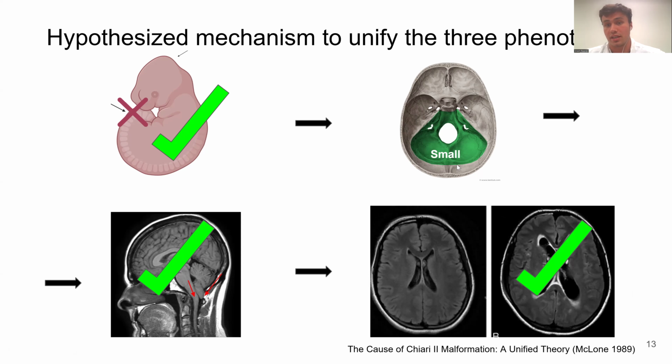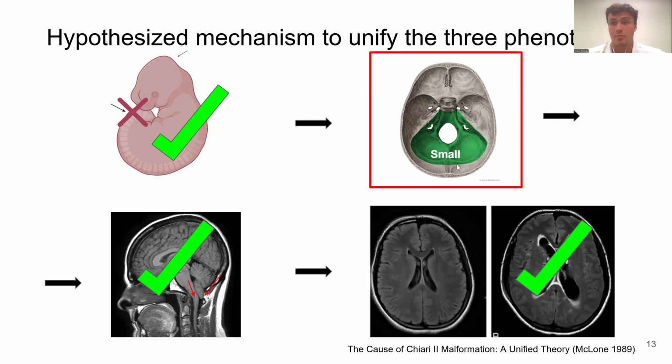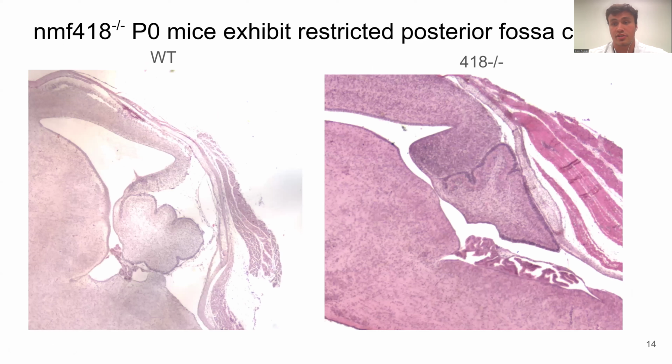So I decided to look and see if there is this restricted posterior fossa content. And to do this, I did cerebellar sagittal sections of postnatal day 0 mice. So these are neonatal mice. And I found that in wild type mice, there is quite a bit of space surrounding the cerebellum between the exterior bone, which is the posterior fossa, and the cerebellum.